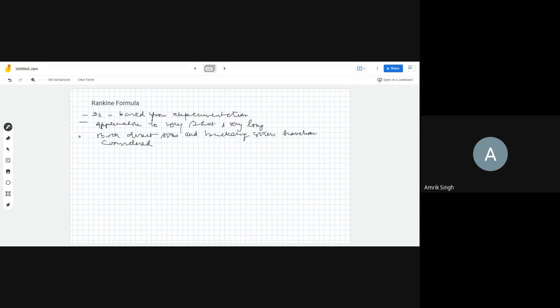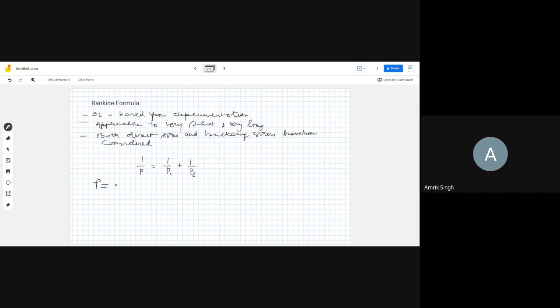Okay. So these are the three things. This formula says that 1 upon P is equal to 1 upon PC plus 1 upon PE, where P is the crippling load.